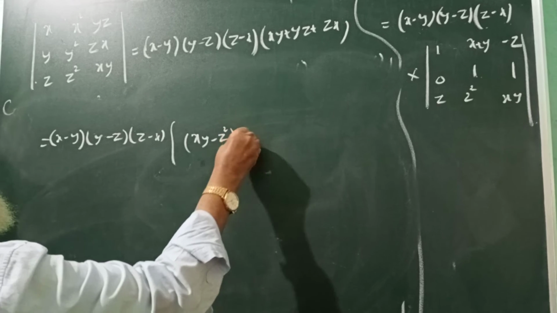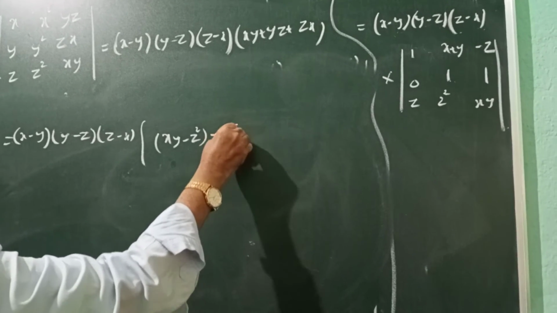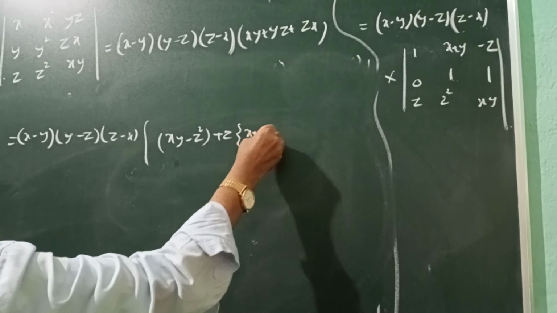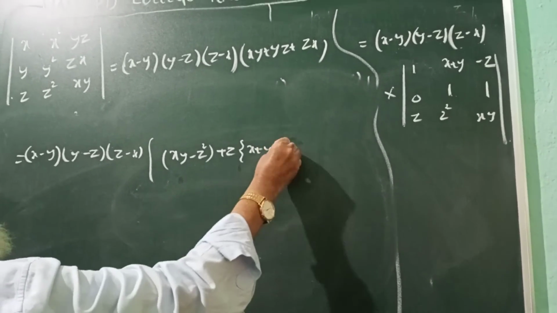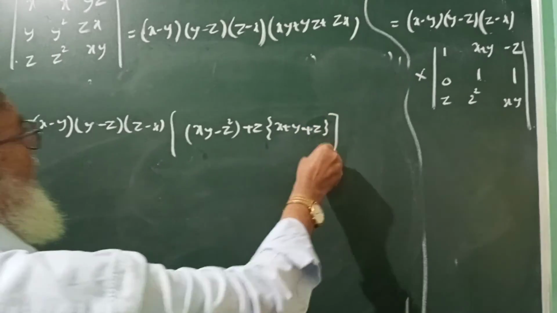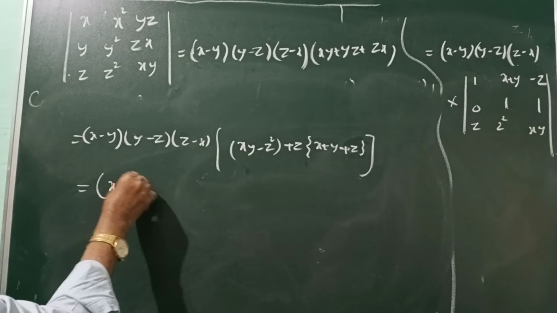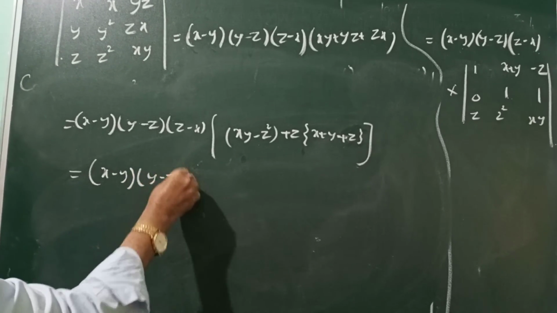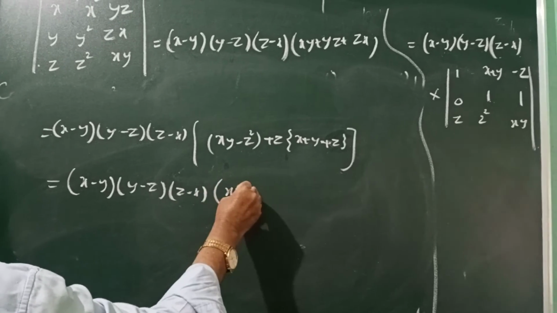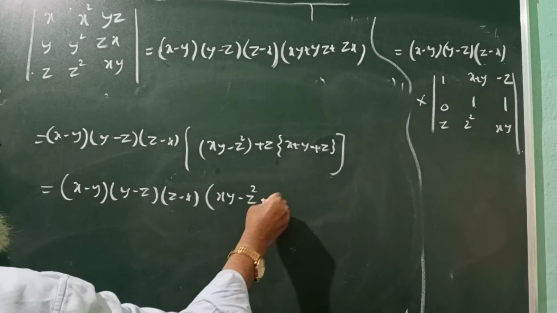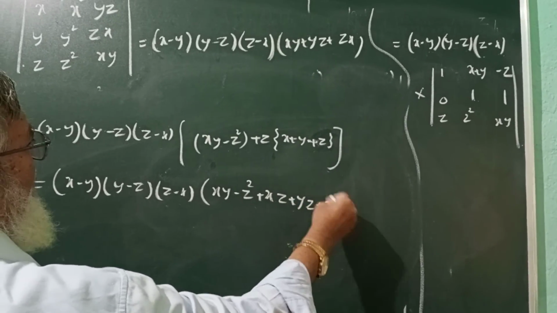Then z into, leaving this column and this row, x plus y minus, minus of minus it is plus z. That is x minus y, y minus z, z minus x, xy minus z square plus xz plus yz plus z square.